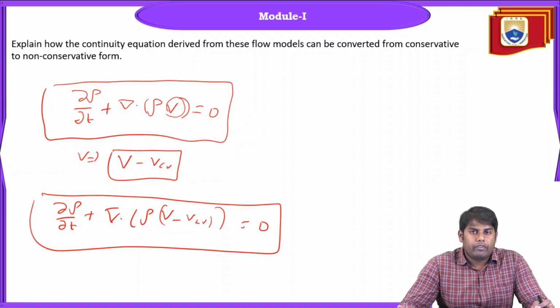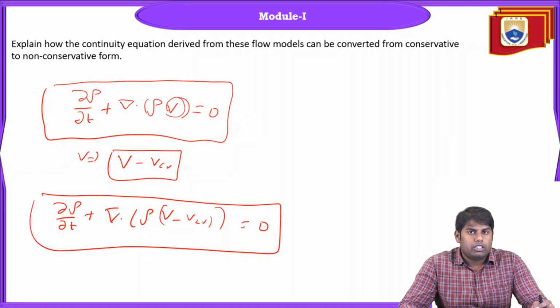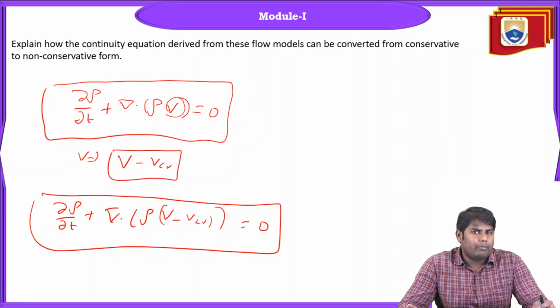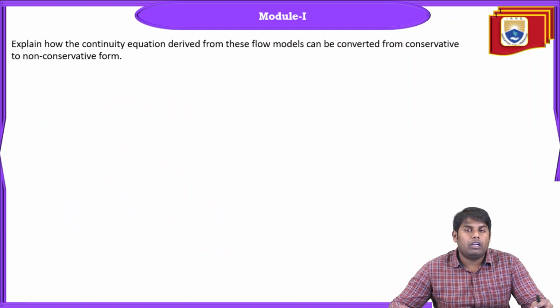Basically the relative velocity between the fluid will change. Whatever the amount of flow that is entering or leaving will be constant, but here in addition you have the relative velocity. So this is the difference between conservative and non-conservative form of the continuity equation.